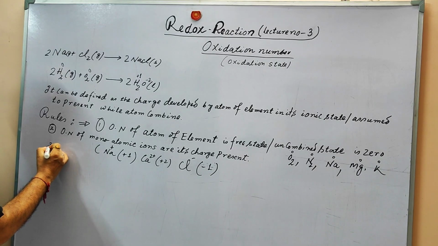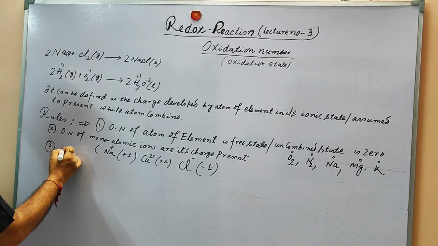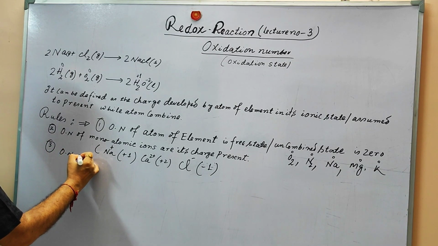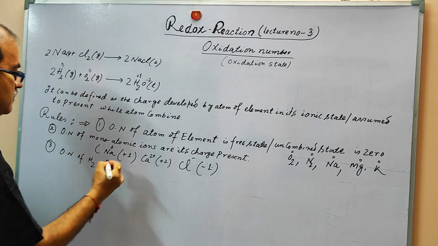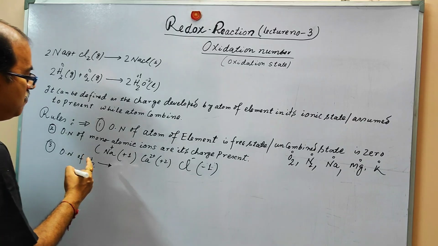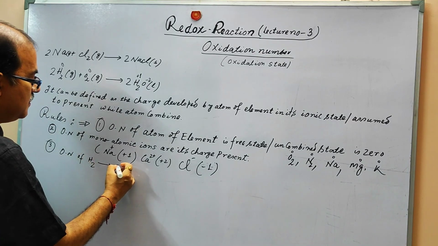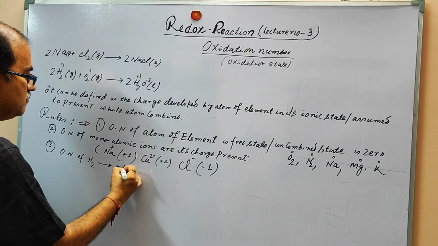The third rule: the oxidation number of hydrogen in the combined state is always +1.